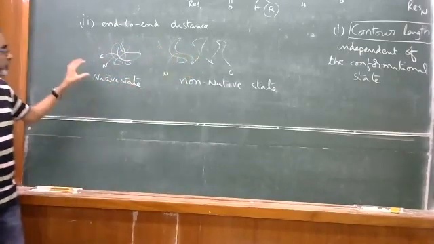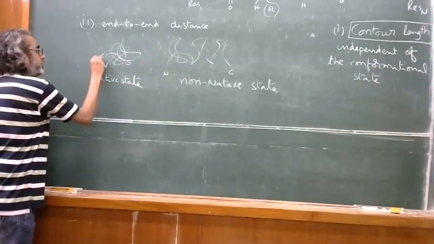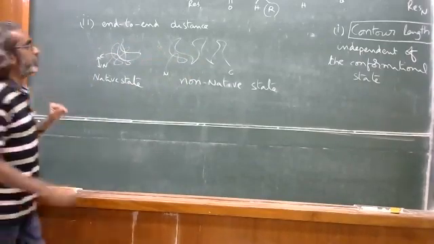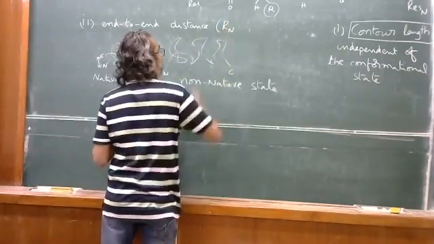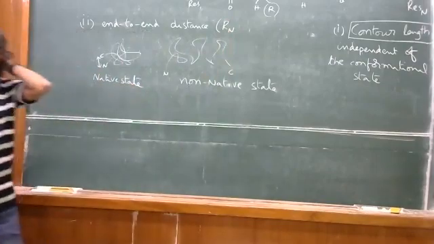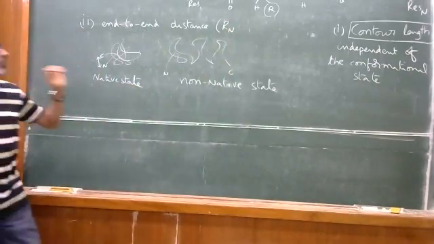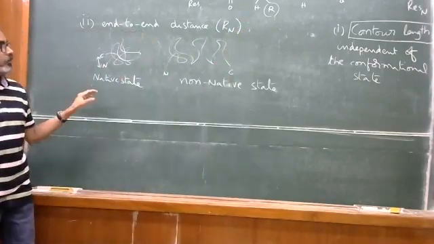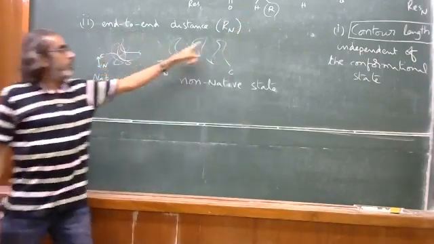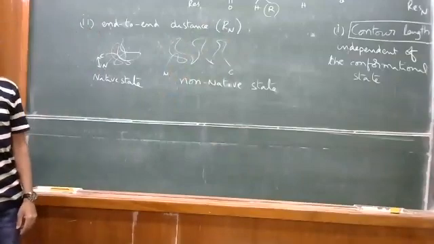If you look at the native state, this distance is called the end-to-end distance. Let's label this as R_n. R is basically for polymer; it doesn't have to be a polypeptide, it could be any polymer, and n signifies the size of it.